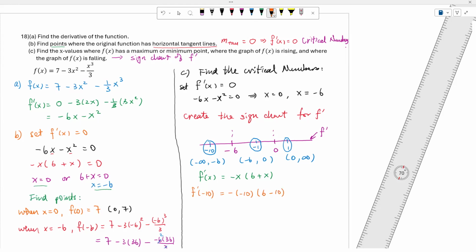You will see that this one gives me positive, this one gives me negative, so therefore the result is negative. How about f prime of negative 1? I have negative, negative 1, and then 6 minus 1. So this is negative, this is negative, this is positive, so I will have positive.